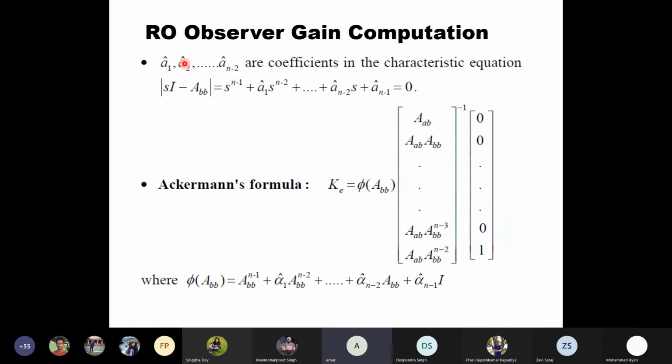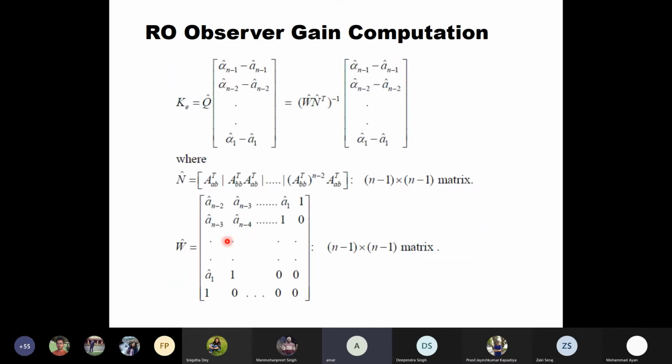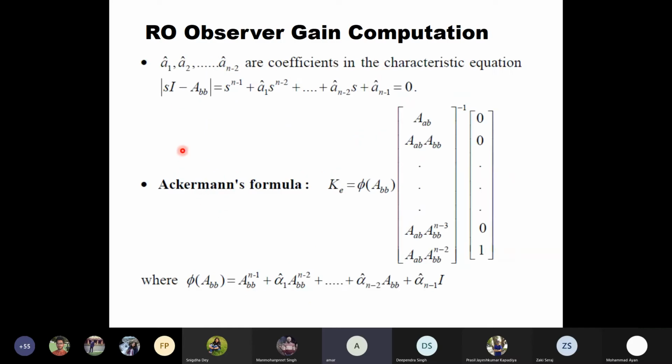So these elements A1, A2 up to A n minus 2 for the W hat will be calculated from the determinant of SI minus ABB, which will give you a polynomial in S of order n minus 1.